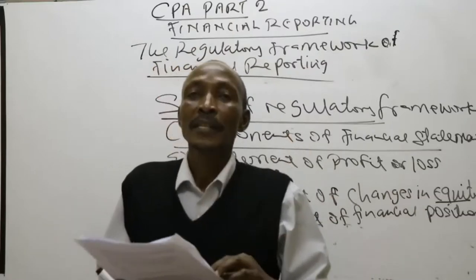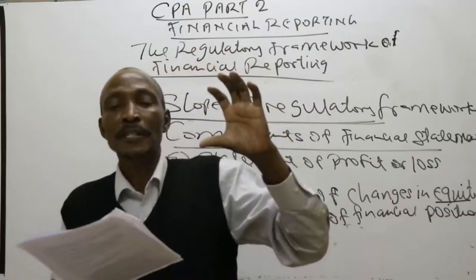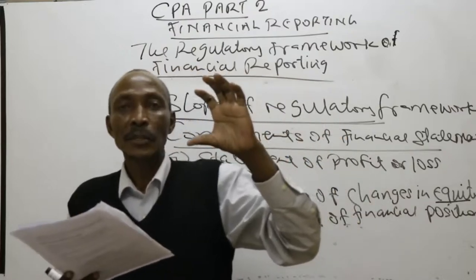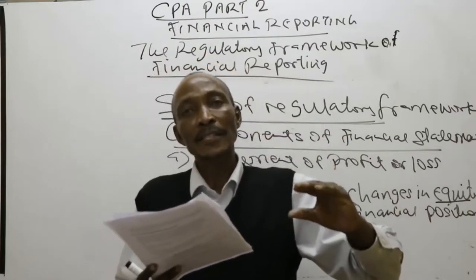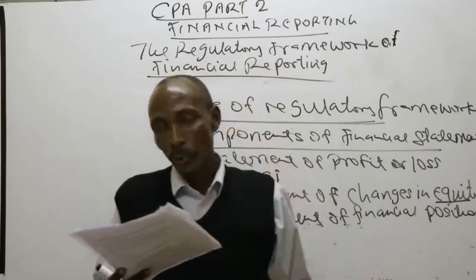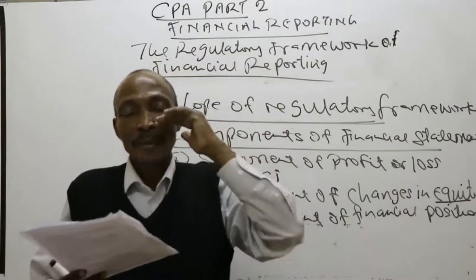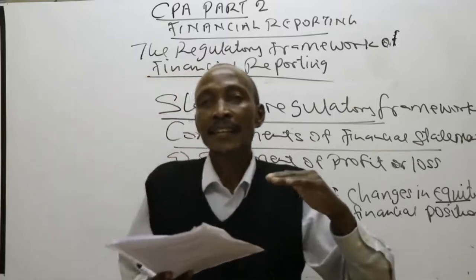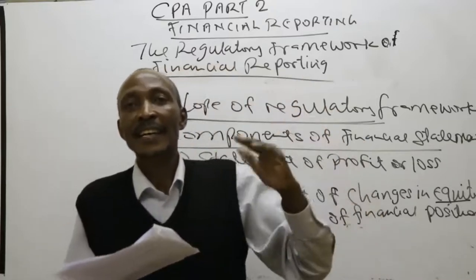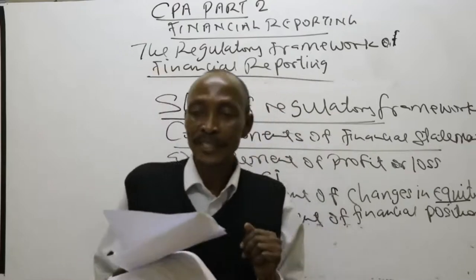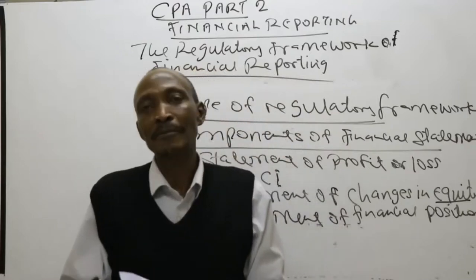First of all, assets must be presented separately as a group from liabilities and separately from the equity. Secondly, assets themselves must be grouped or classified under current and non-current assets. We did that in financial accounting, even at the most elementary level.